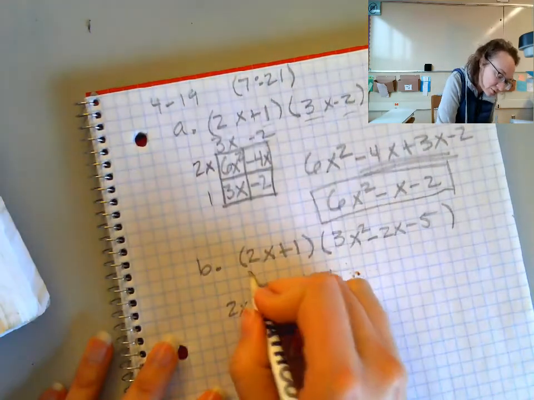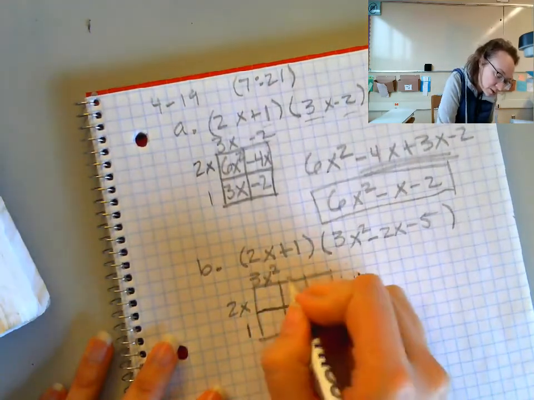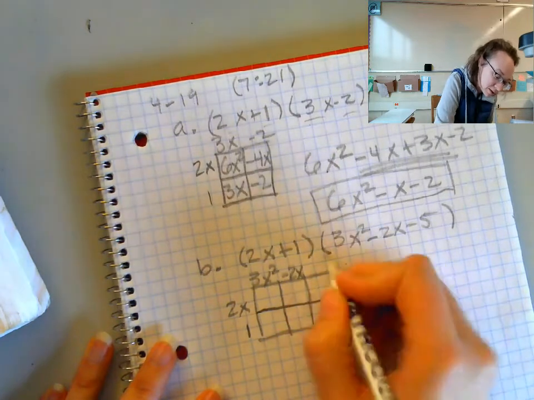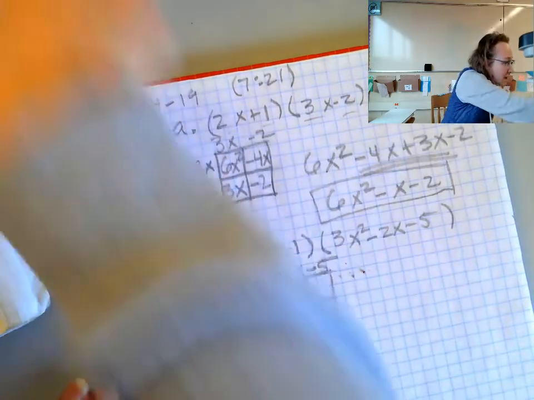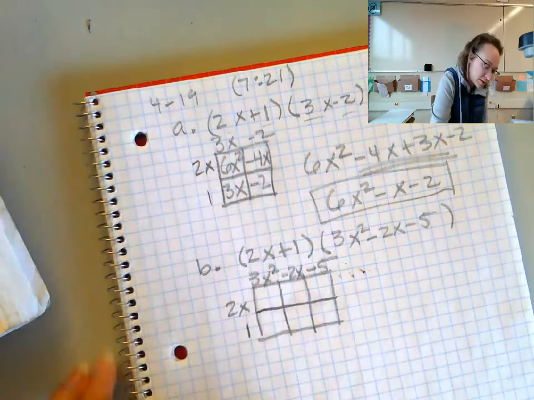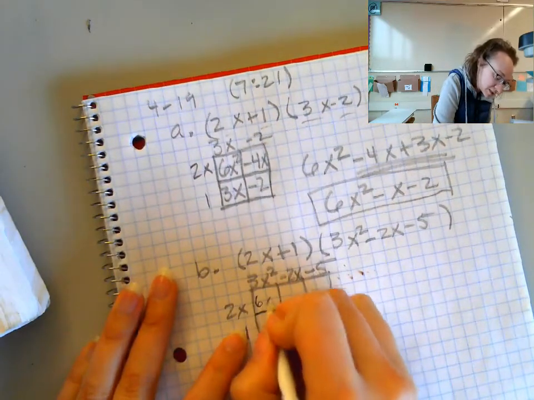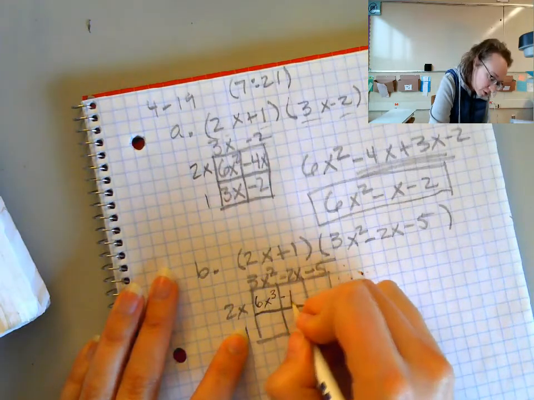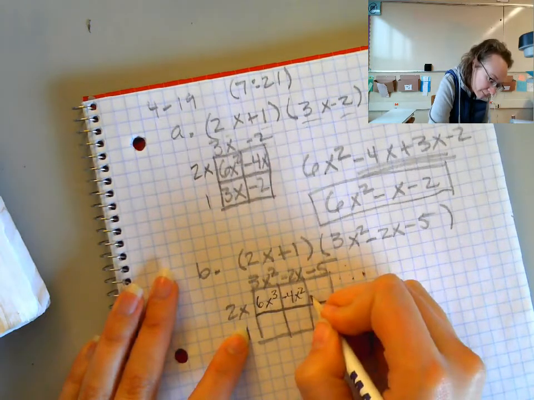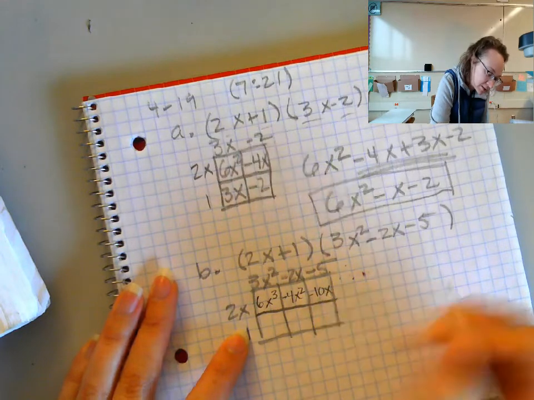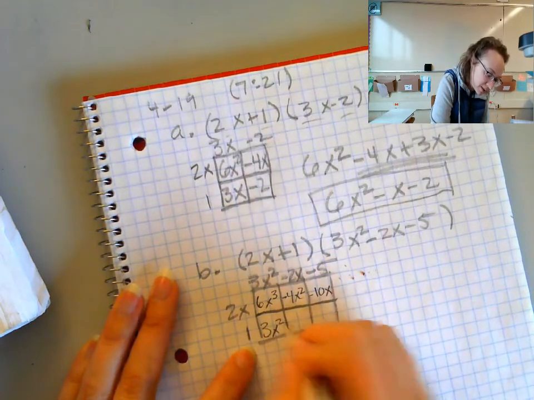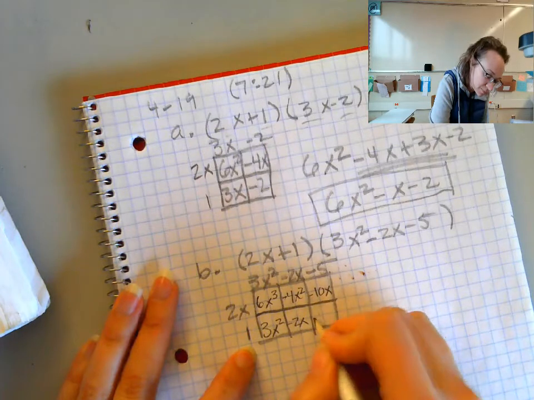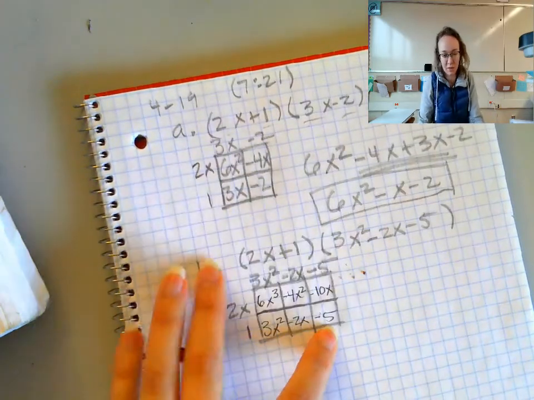And now I have 3x squared minus 2x minus 5. And that gives me 6x cubed, because there's an extra x here, minus 4x squared minus 10x. And then these will all just be the same, because it's all times 1. So 3x squared minus 2x minus 5.